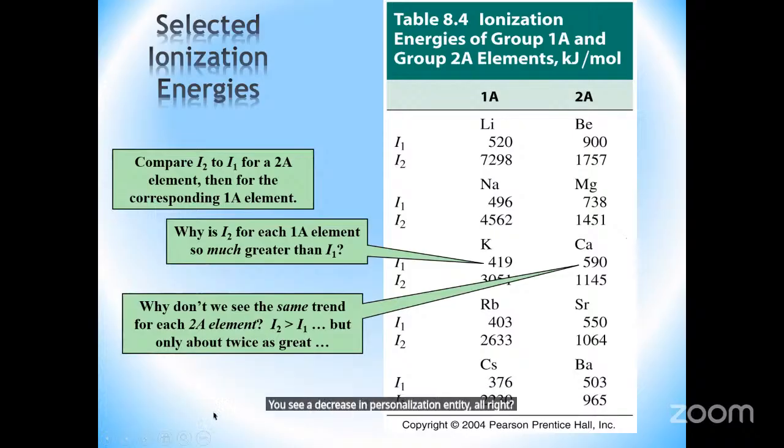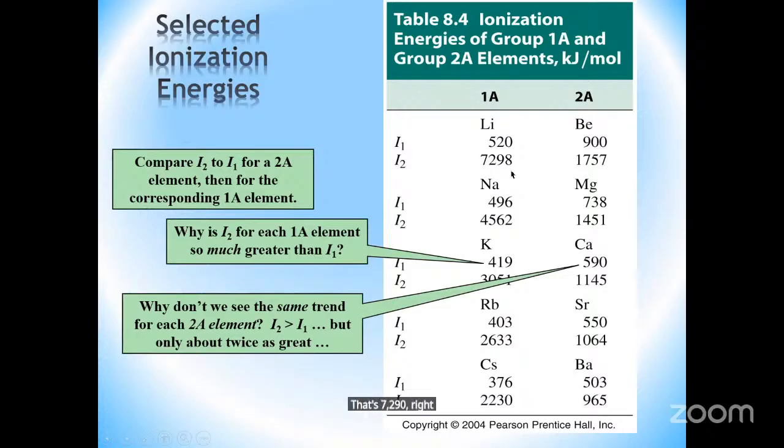Okay, let me see here. There's something else I want to point out here. And that is, if you compare removing the first two electrons, let's look at lithium, right? In order for you to remove the first electron, the amount of energy needed is 520. And then to remove the next electron, look at the amount of energy needed. That's 7,298, right?